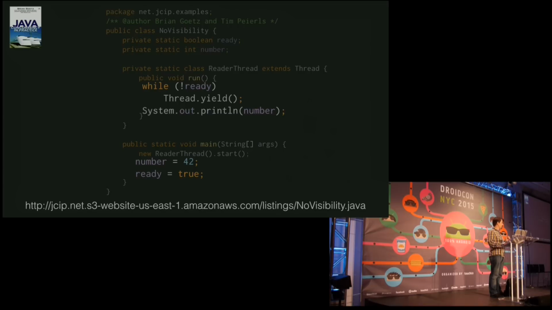Then this other thread goes off, and it just polls and spins while ready is not true. Of course, it's going to be set to true down here. And then eventually, if ready is true, it will get down to this print, and it will print the number. So does anybody know what are the possible things that a correct Java language implementation could do in this case?